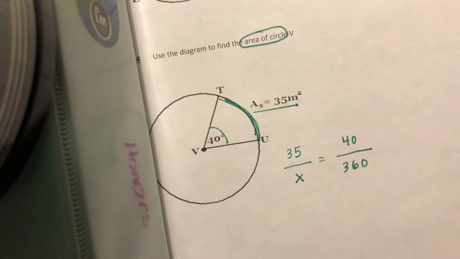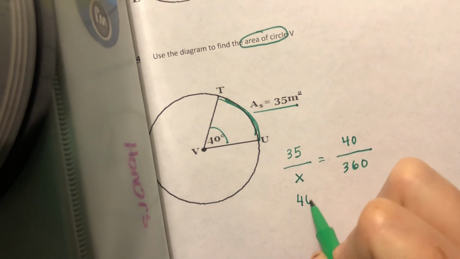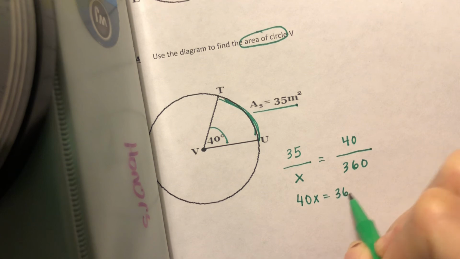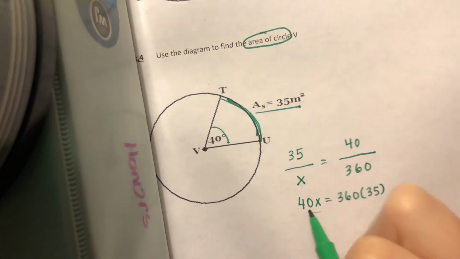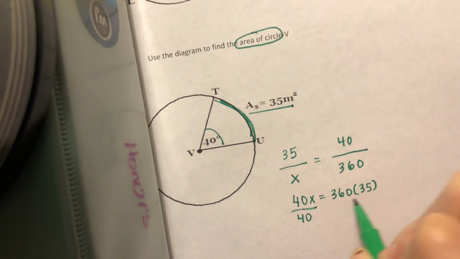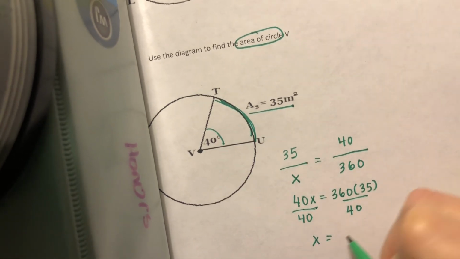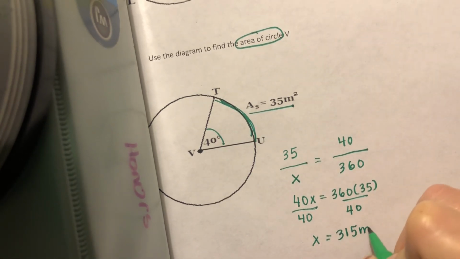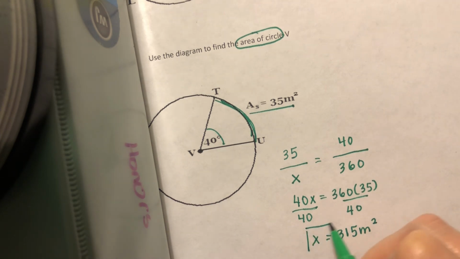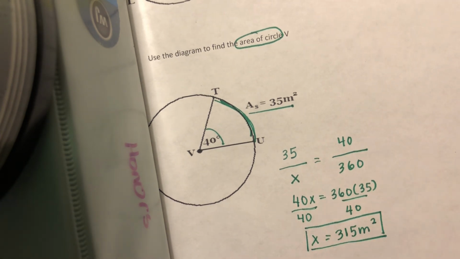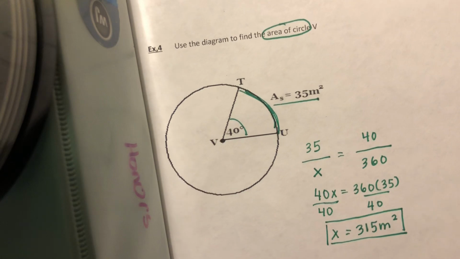A lot of times I write that in right away. Cross multiplication to solve here. And so the area of this whole circle is going to be 315 meters squared. All right, that's it for today.